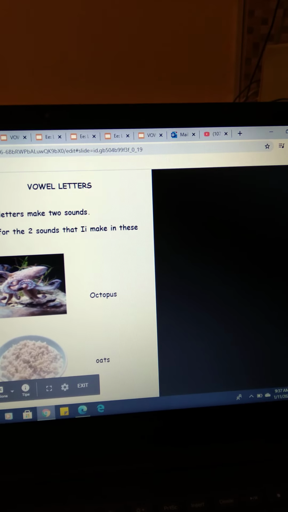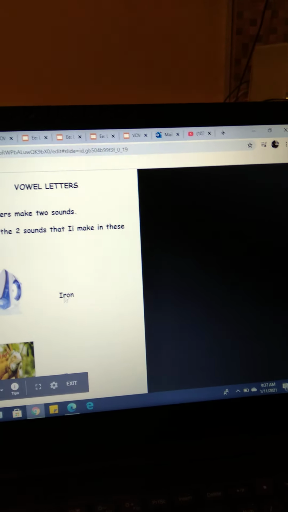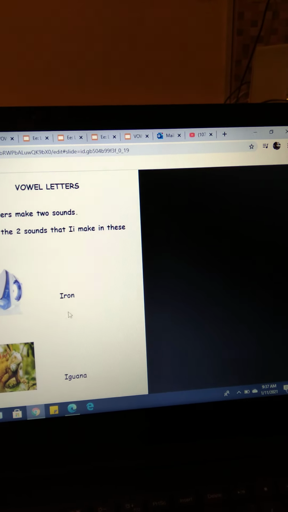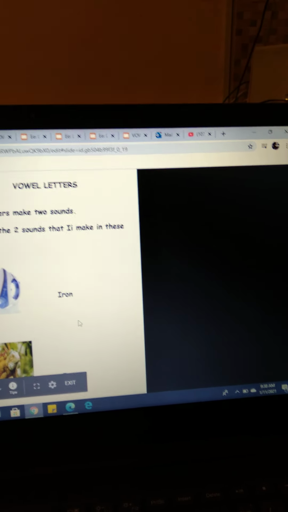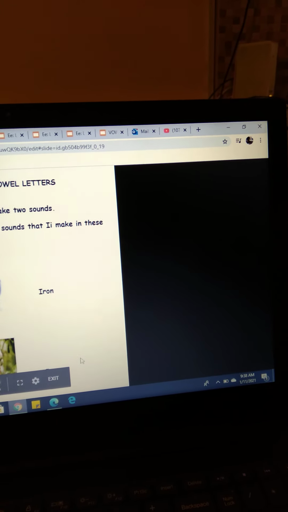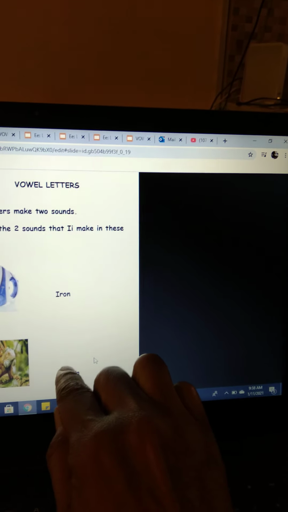The same goes for all the other vowel letters. When I is saying I in iron, we say I is making the long vowel sound. And when it's making that sound in iguana, we say it's making the short sound.